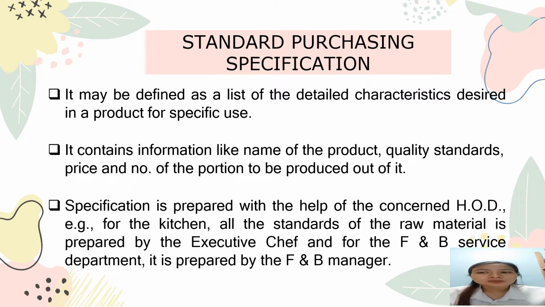Specification is prepared with the help of the concerned HOD, e.g. for the kitchens, all the standards for raw materials are prepared by the executive chef. For the F&B service department, it's prepared by the F&B manager.